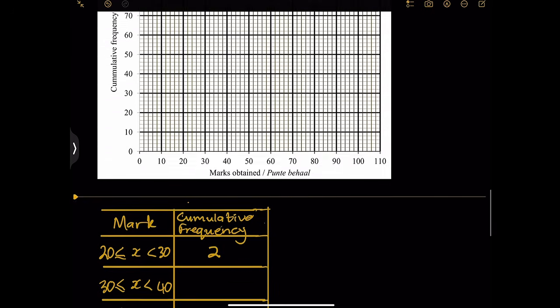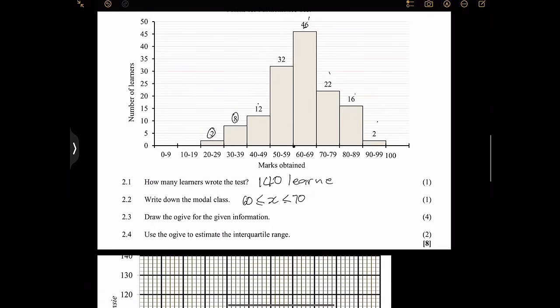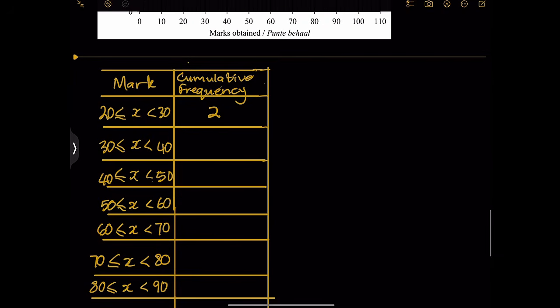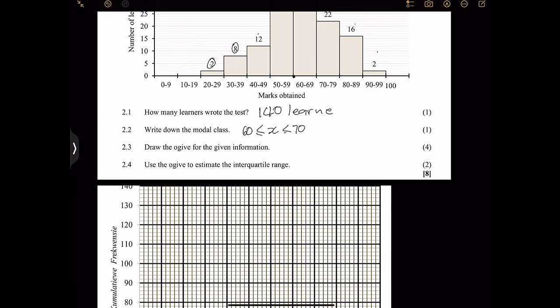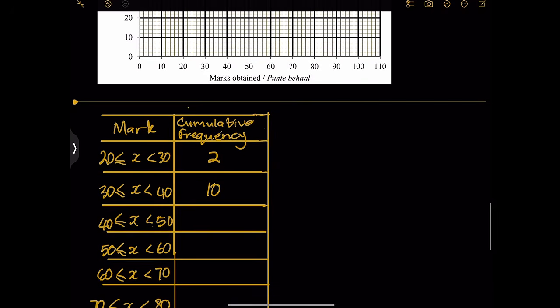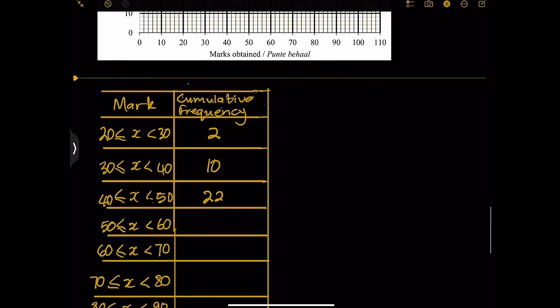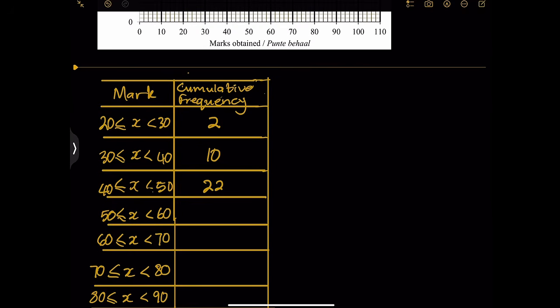Then between 30 and 40, I'll say 2 plus 8, which is going to be 10. The next one would be 2 plus 8 plus 12, so that would be 22. Then you'll keep doing that, just keep accumulating the learners.